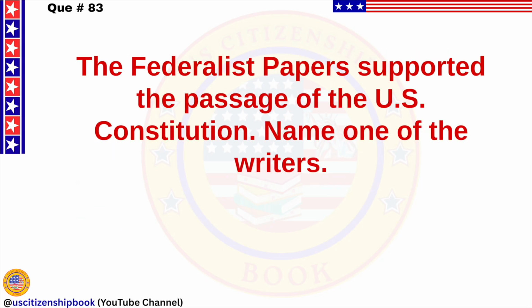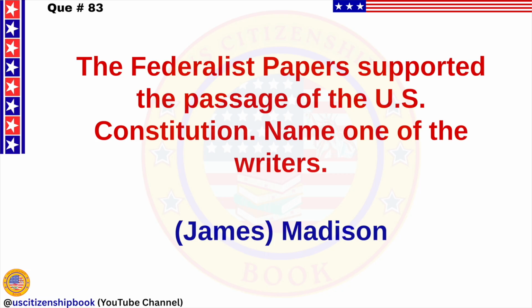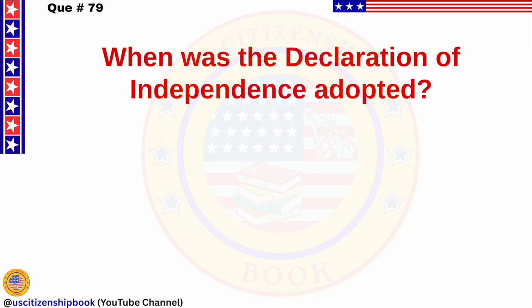The Federalist Papers supported the passage of the U.S. Constitution. Name one of the writers. James Madison. When was the Declaration of Independence adopted?